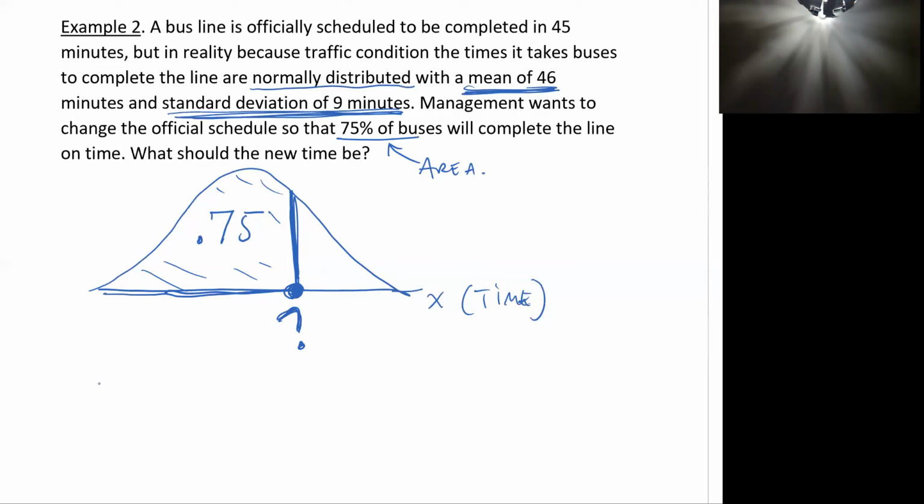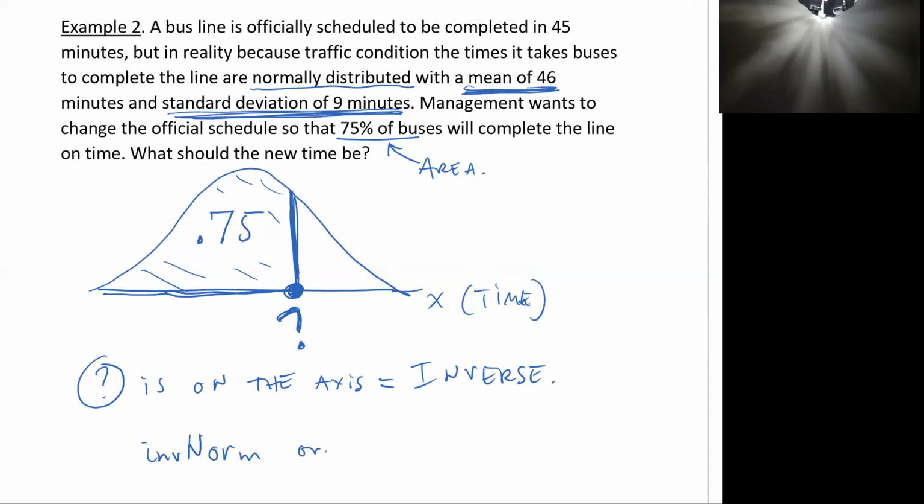So here's the rule. The rule is when the question mark is on the axis, the problem is an inverse problem. It's an inverse problem, and on the TI, we will use invNorm. And on the Casio, it's invN.